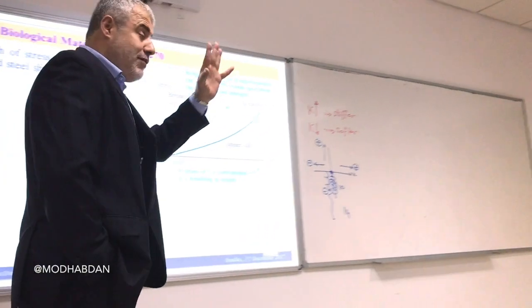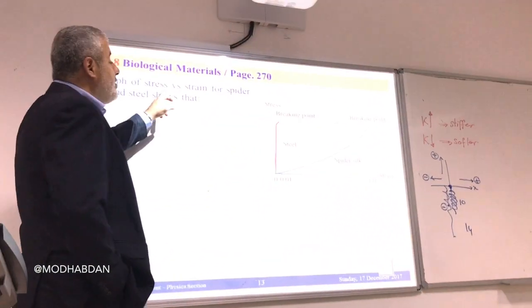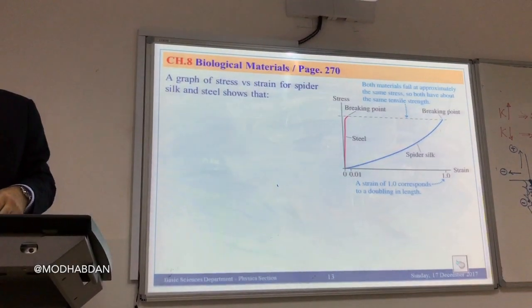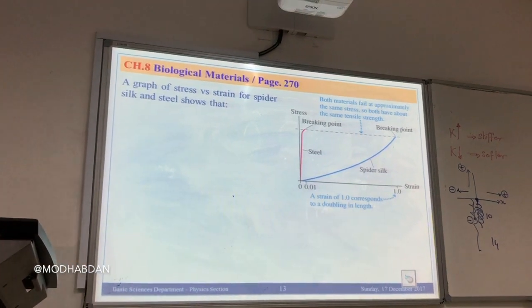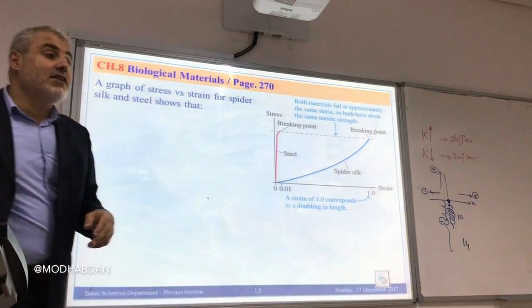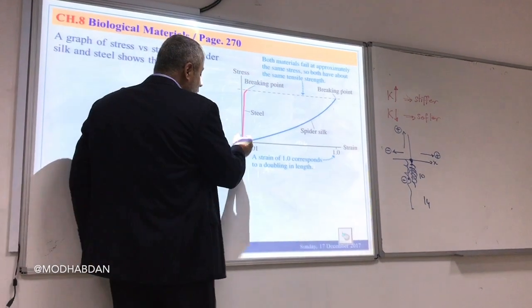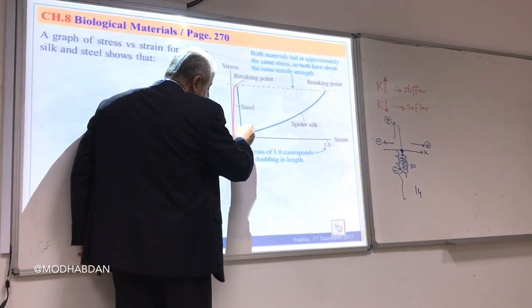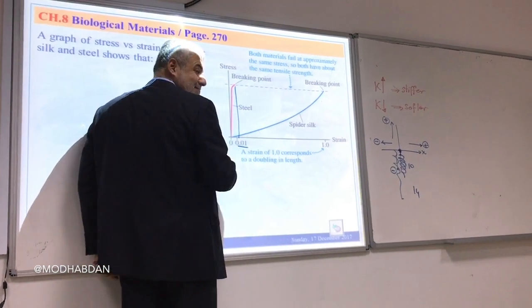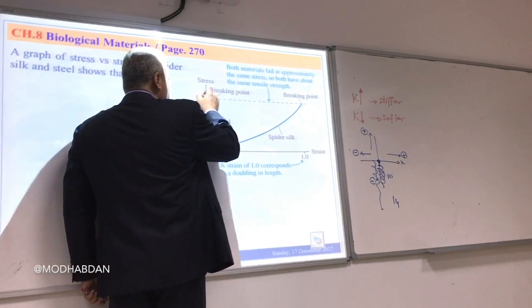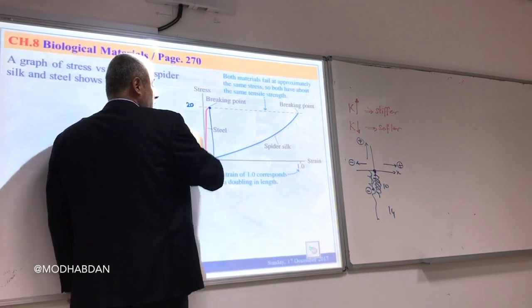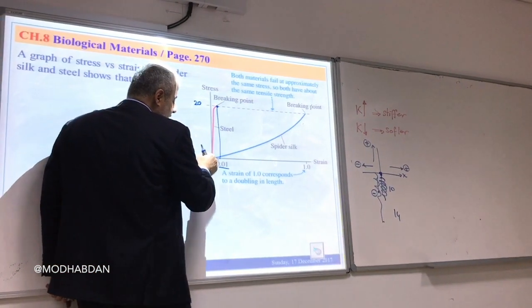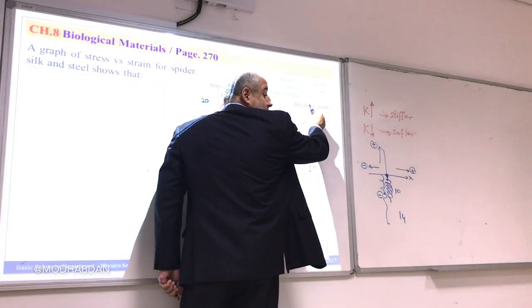Again, I will just think of it. A graph of stress versus strain of spider silk and steel shows that. If we try to read the graph, the steel has a very small strain, see how much the strain is here? Say it's 0.01, with, say, 20 stress. Now in the case of the spider silk, it has a large strain.